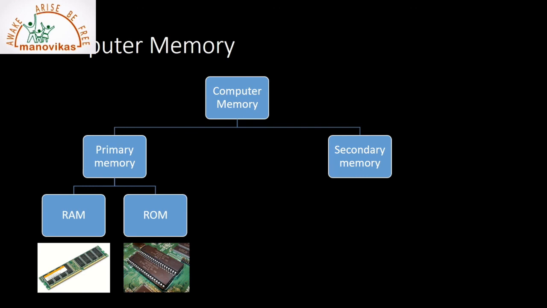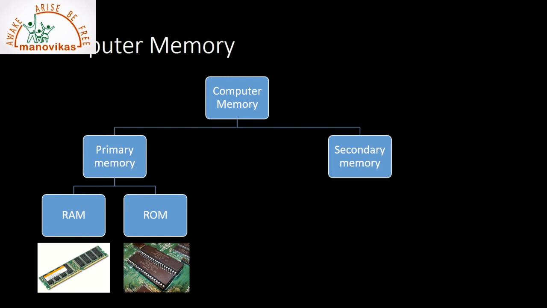That is, during processing, when the information is stored in RAM, if the power is switched off or your computer is turned off, all the information that is in RAM is erased, is lost. So RAM stores information for a shorter period of time, whereas ROM is a permanent memory.